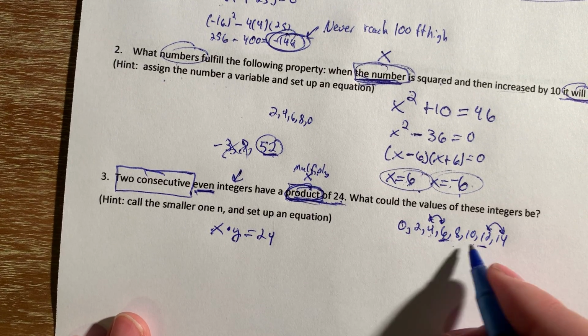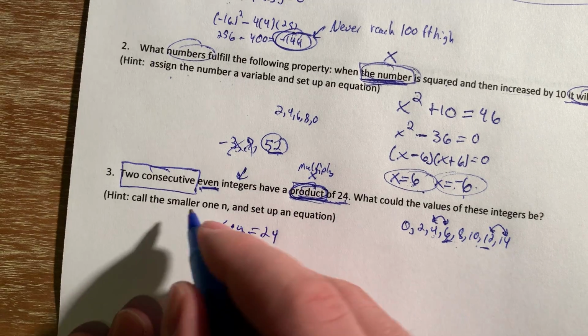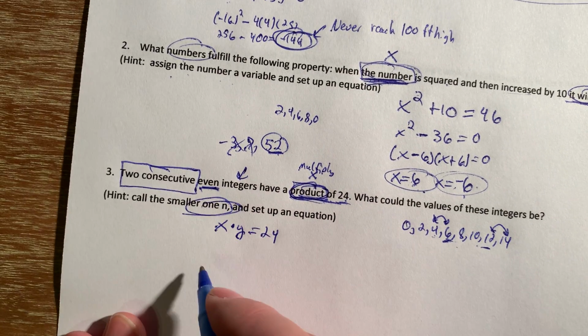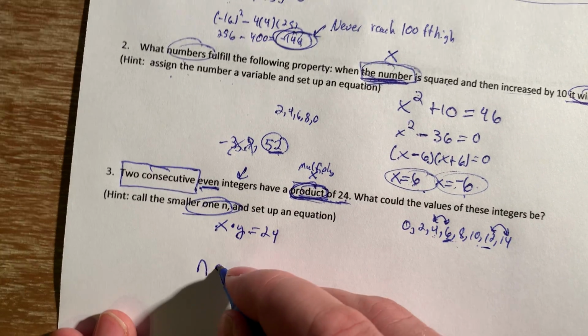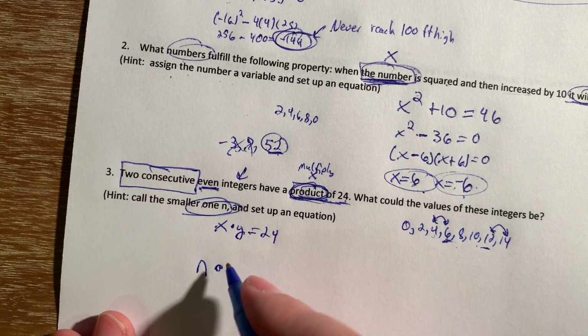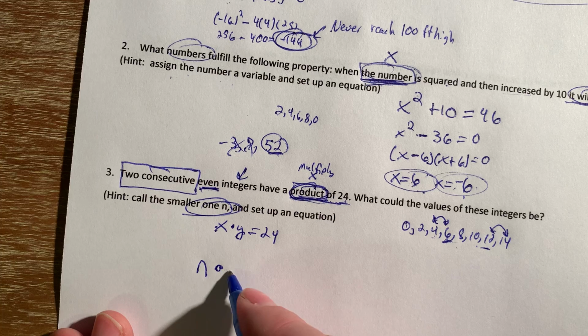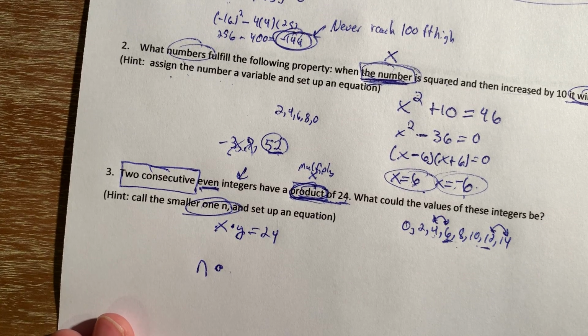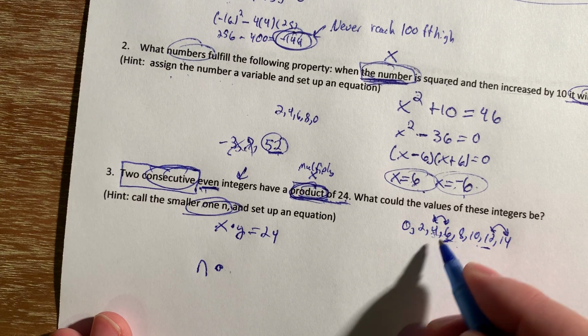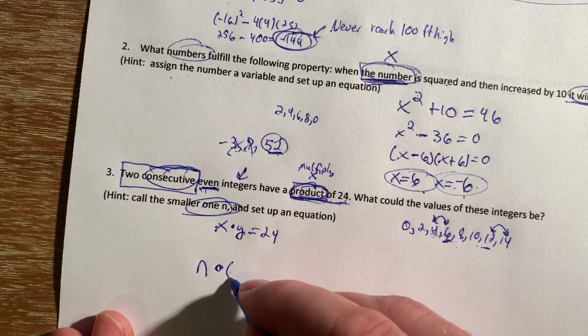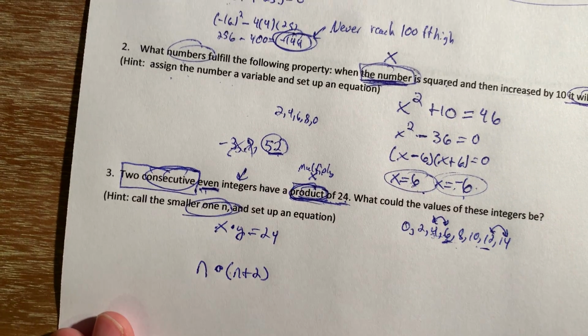So since they are consecutive even integers, the hint said to call the smaller one n. So one of the integers is going to be n, and that needs to multiply times the other integer. And if n is the smaller one, what do we know about the larger one? Because they are consecutive and even, they're spaced apart by 2, so the next one must be n plus 2.